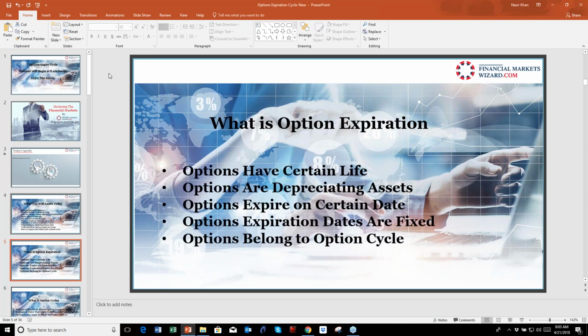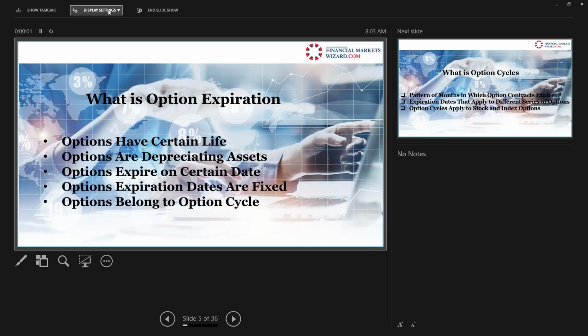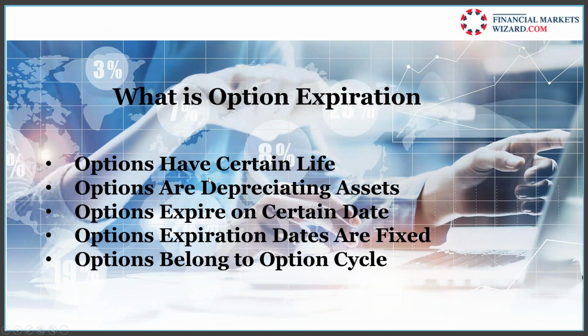Now, what is option expiration? In order to understand it, we need to understand that options have a certain life. All options have a certain life: 6 months, 1 year, 1 month, 1 week.